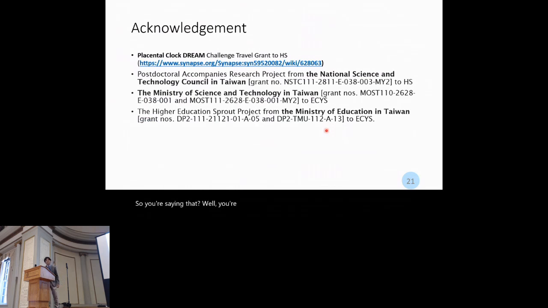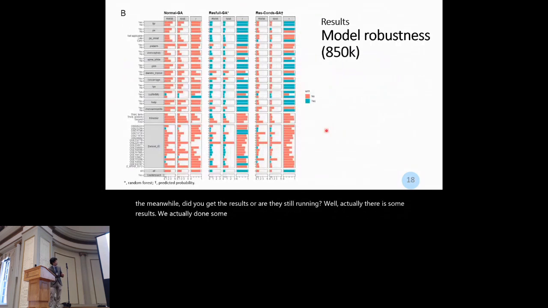Test the 850, but that was before the deadline. But in the meanwhile, did you get the results, or are they still running? Well, actually, there are some results. We actually finished some models, and if you see here, when we use 850K, just to give you context, the values for the CPGs that are exclusively on the 850K are actually imputed.